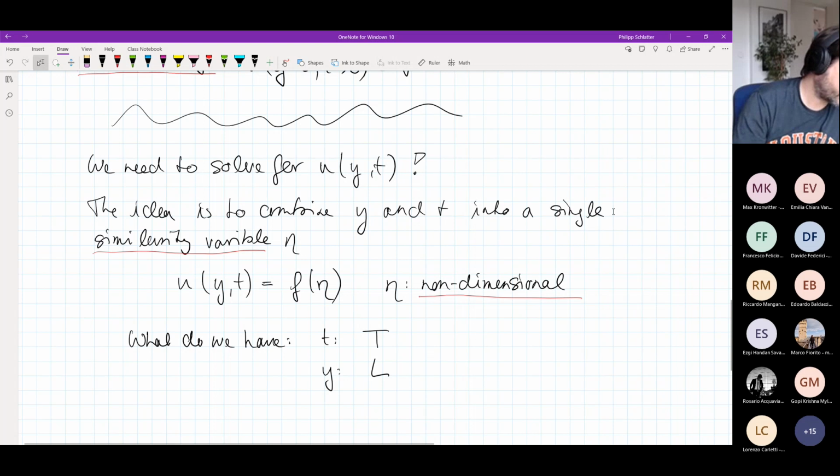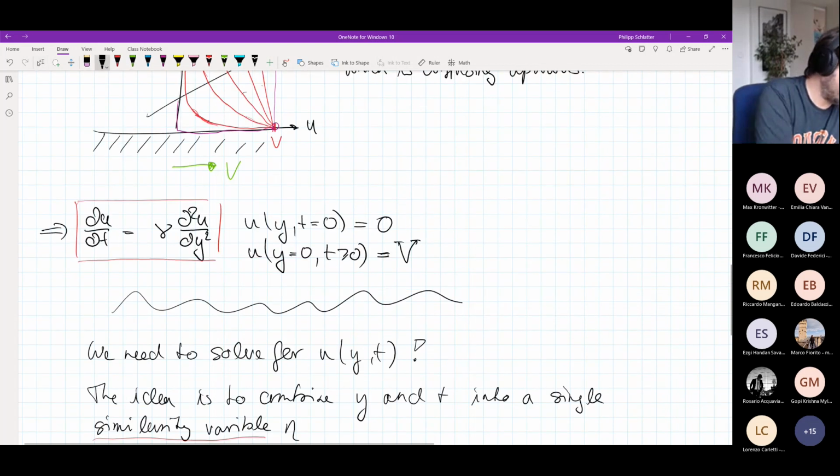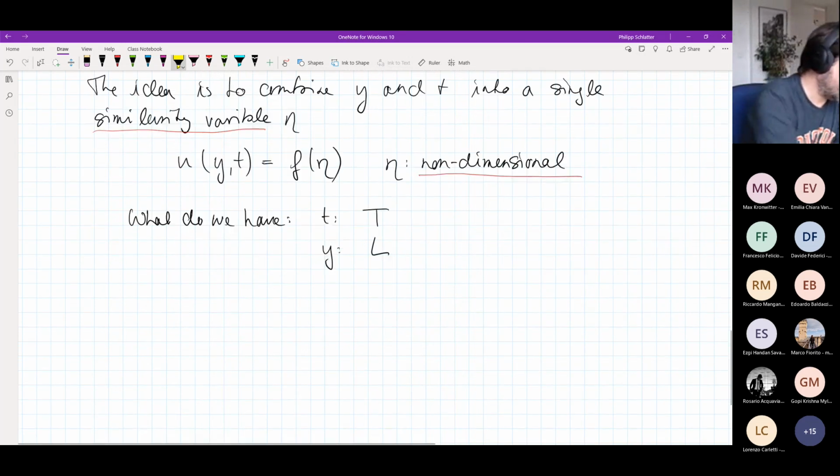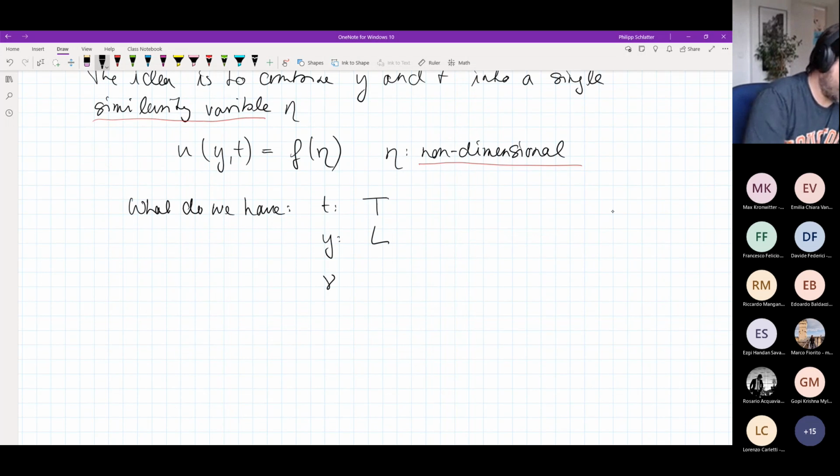If you look at our differential equation, we have used t, we have used y. Of course, we have the solution u, but that's the one that needs to be scaled. But there's something else that we have: the viscosity. This is a parameter that goes in, and obviously, the viscosity has an effect on how this scaling would look. The unit of the viscosity is length squared divided by time.